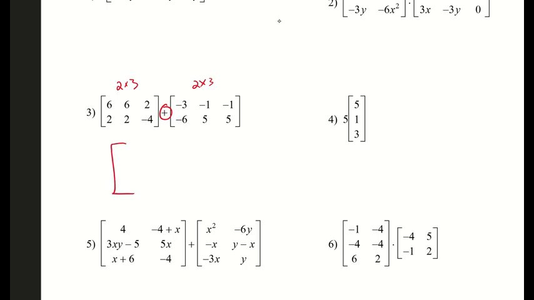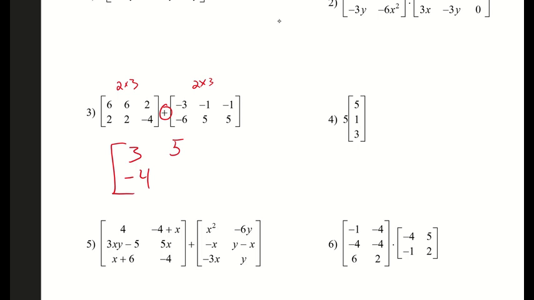So we've got this first row, first column. We add the 2. So 6 plus negative 3 is 3. Second row, first column. Second row, first column. So 2 plus negative 6 is negative 4. First row, second column. So 6 plus negative 1 is 5.